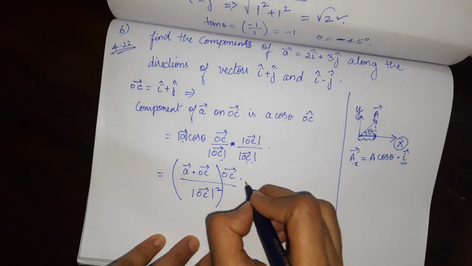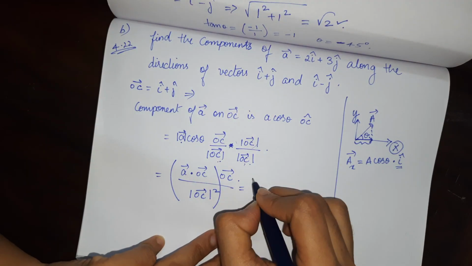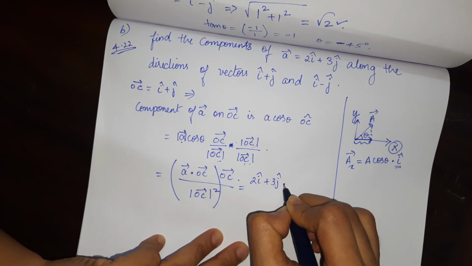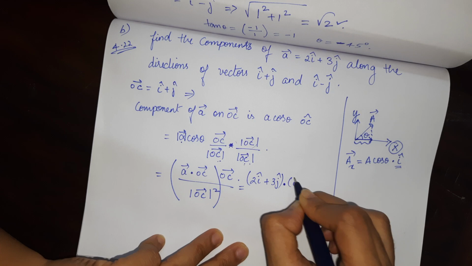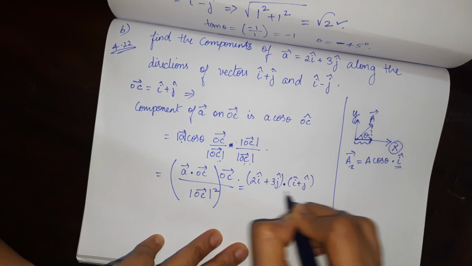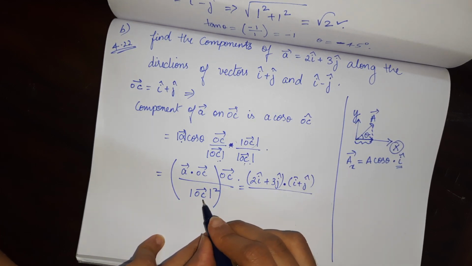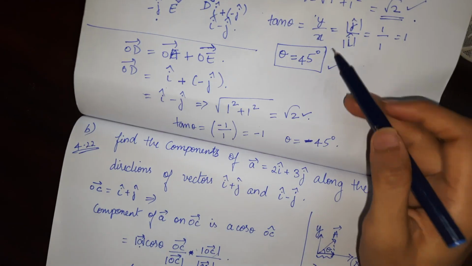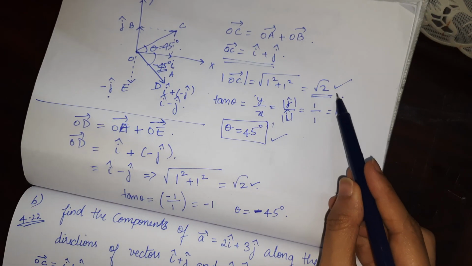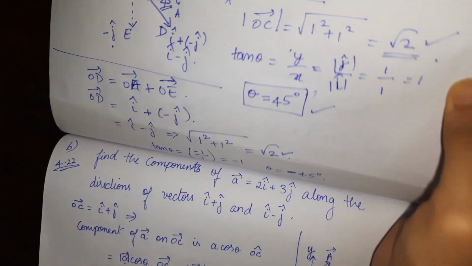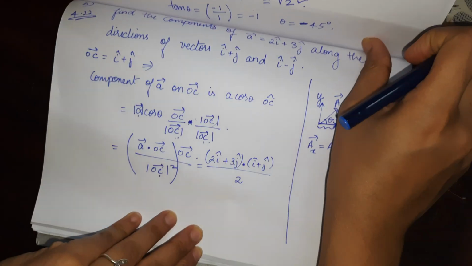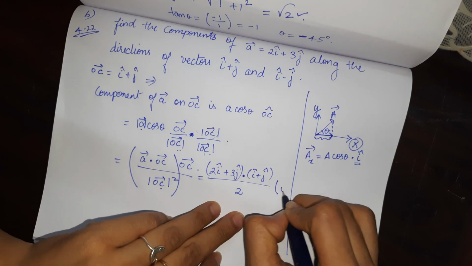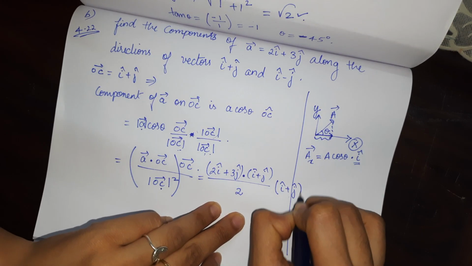Alright, so now we'll substitute the values. We have 2 i cap plus 3 j cap dot i cap plus j cap, divided by the modulus of OC squared. The modulus of this is root 2, so root 2 squared is equal to 2. We have to multiply this with OC vector, that is i cap plus j cap.